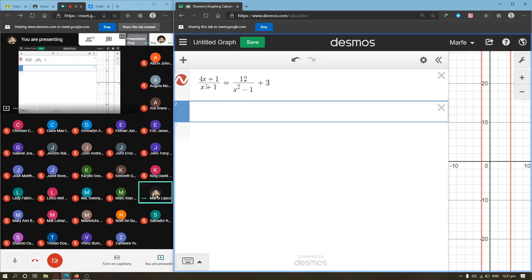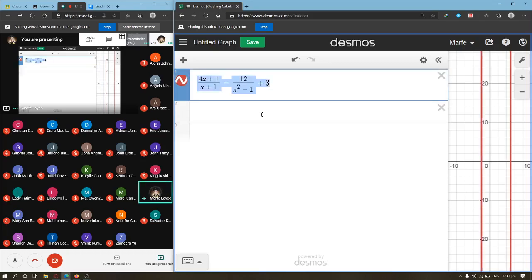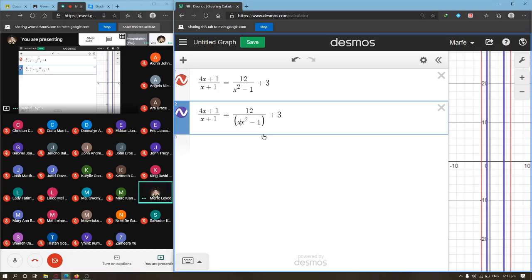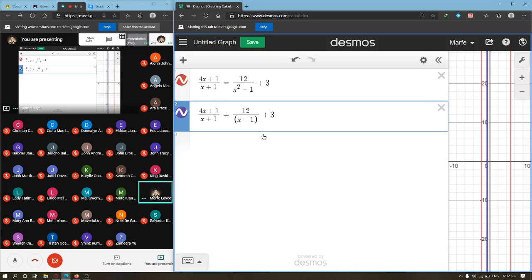I-express lang natin sila at their LCD. So, kunin muna natin yung factors nung malaking denominator, which is x squared minus 1. It is x minus 1, then x plus 1.